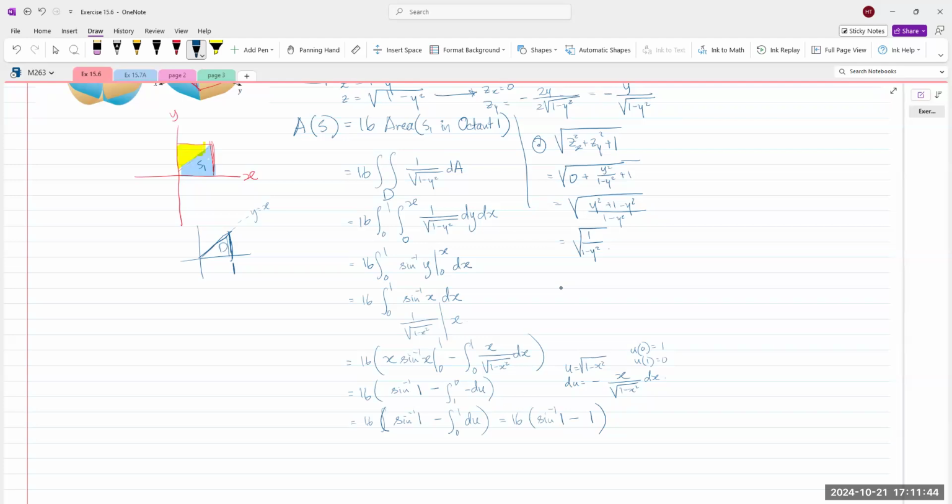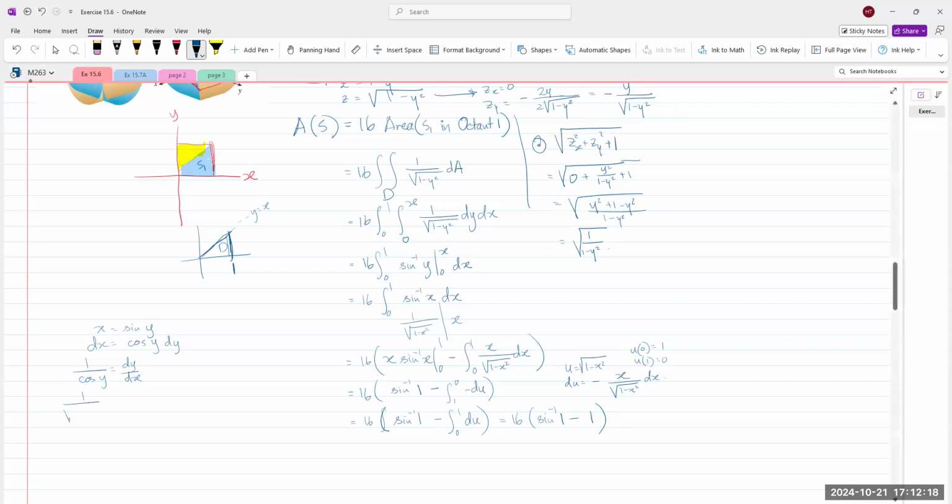Did I? I start to question myself. Let's see. If x equals sine y, the derivative of x is dx equals cosine y dy. So 1 over cosine y equals dy dx.